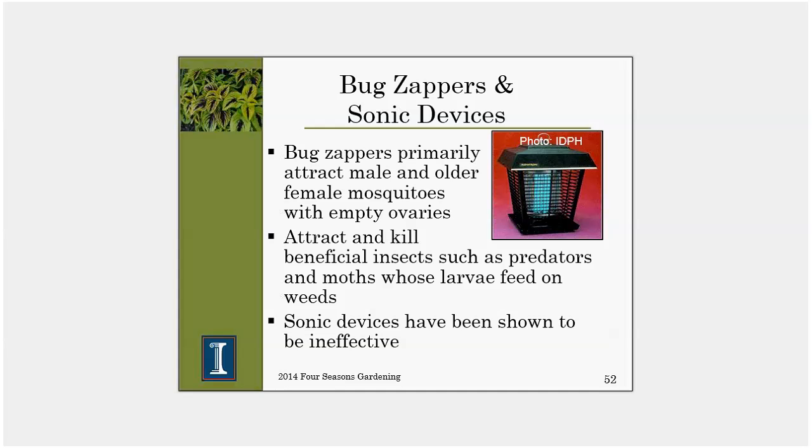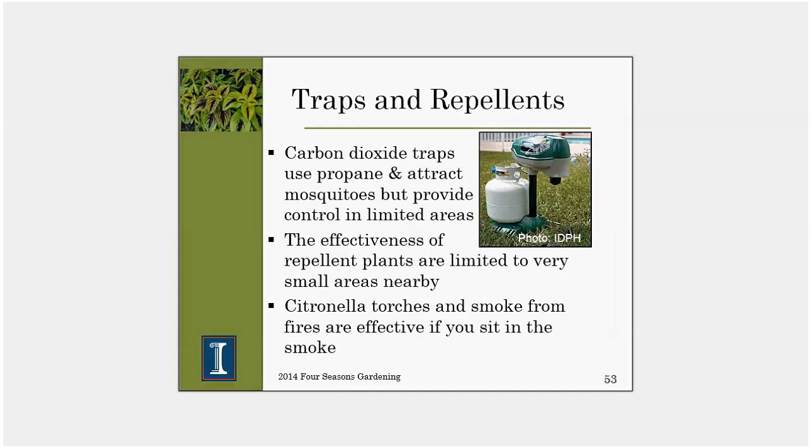Traps and repellents: carbon dioxide traps will attract mosquitoes and can control mosquitoes in limited areas. You can buy citronella geraniums and mosquito geraniums, scented geraniums. These have essentially no effectiveness if you're more than two or three feet from a plant.